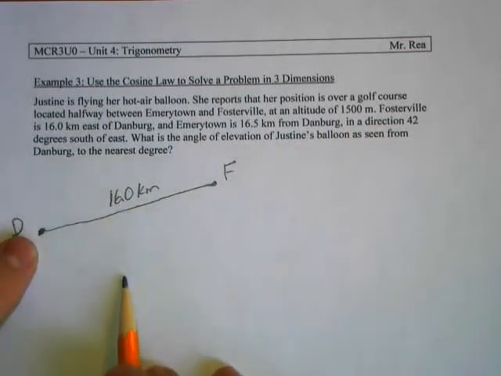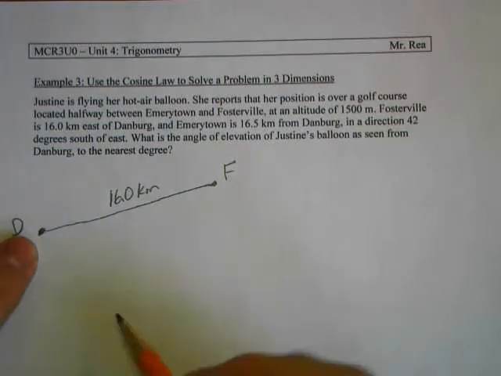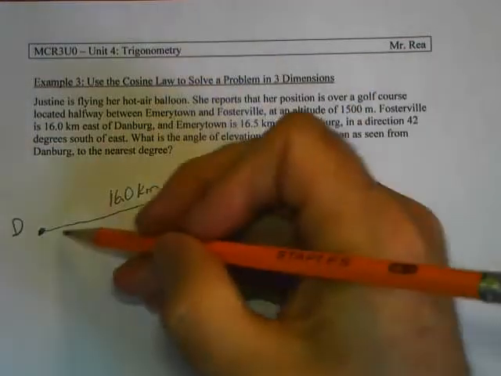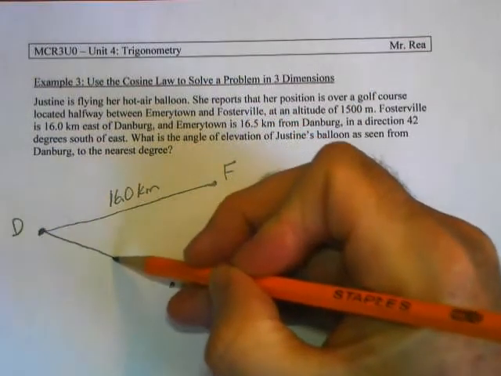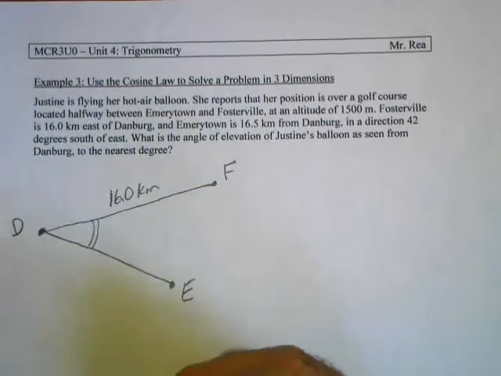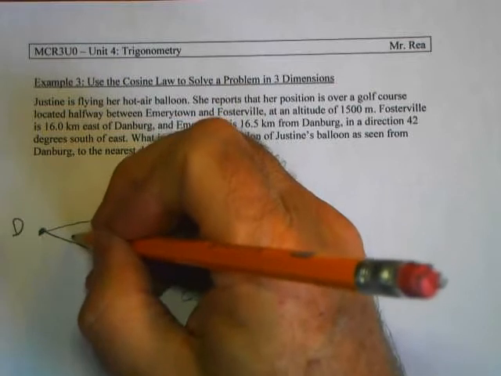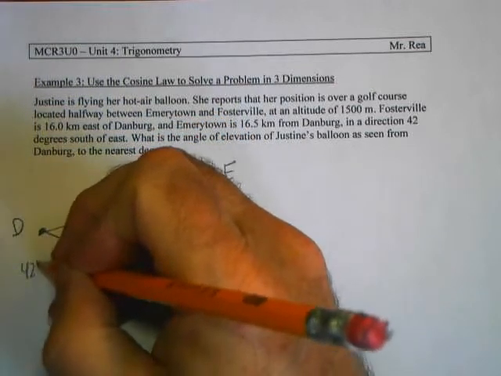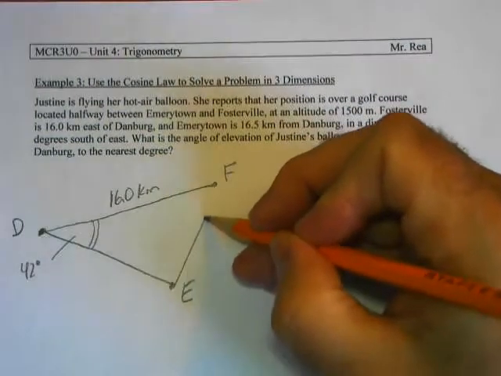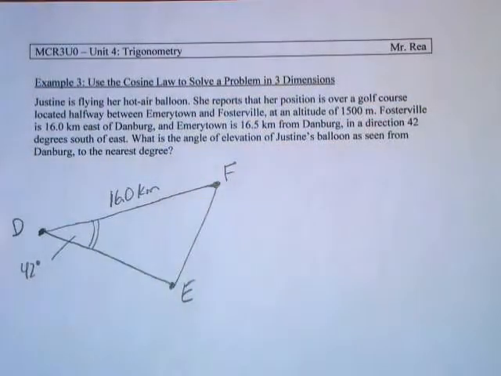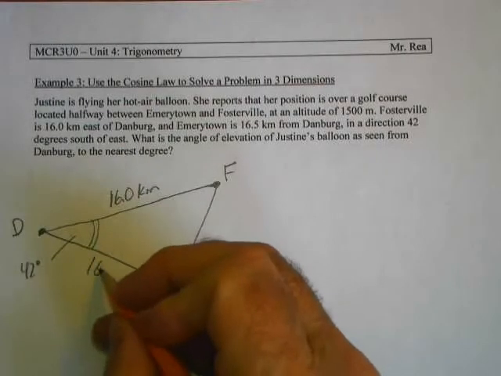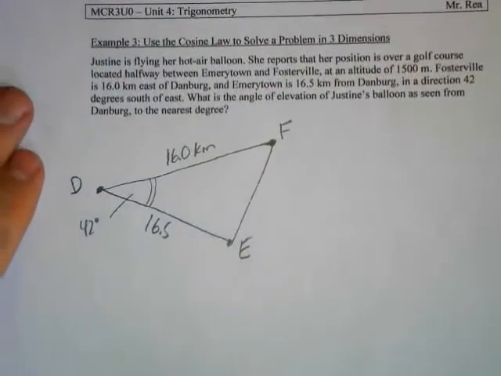So south of east means 42 degrees that way. So I'm going to put my E for Emerytown here, draw my line, and then this angle here is 42 degrees. Okay, and I guess I can complete my triangle between the three towns. Oh, I forgot to put the distance, it is 16.5 kilometers from Danburg to Emerytown.